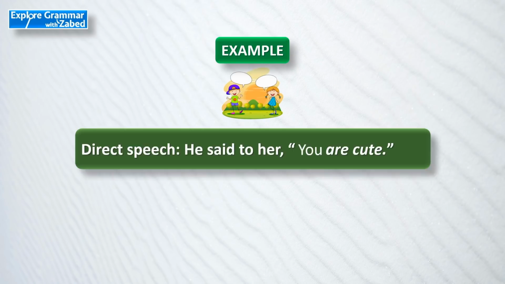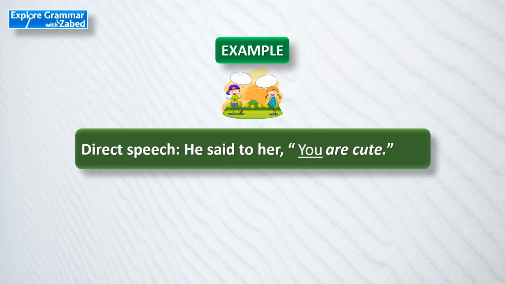Next, coming down to discuss how we change second person pronouns in the reported speech. Let me make it clear to you with an example. He said to her, "You are cute." Here the subject of the reported speech is the second person "you".